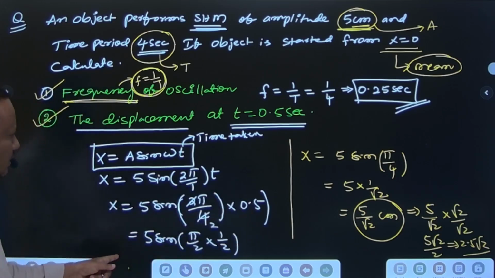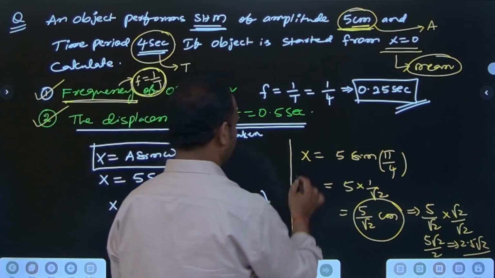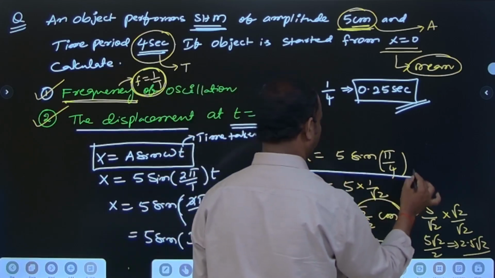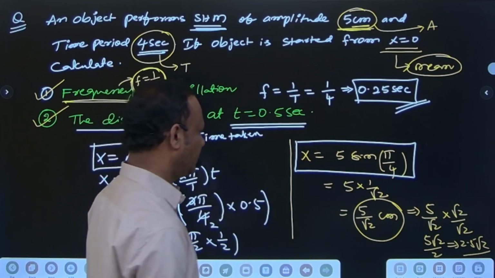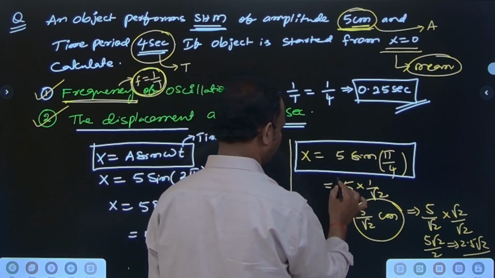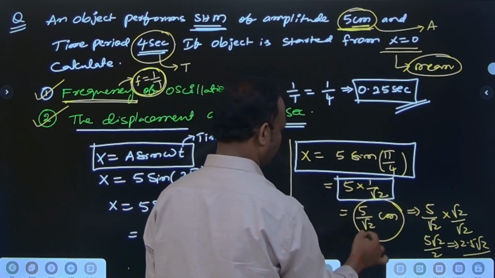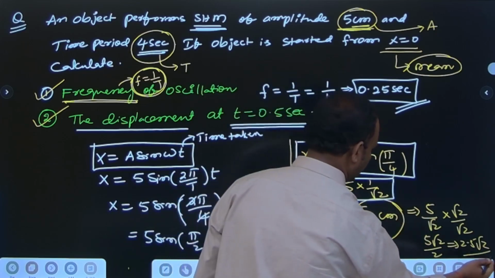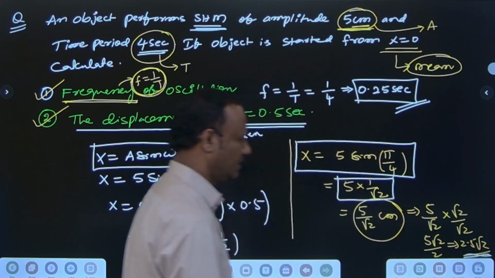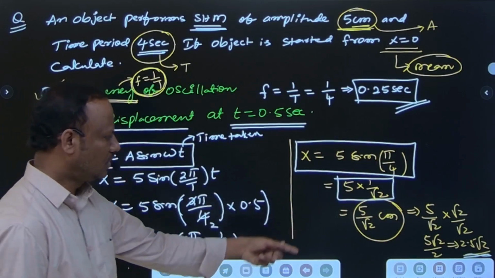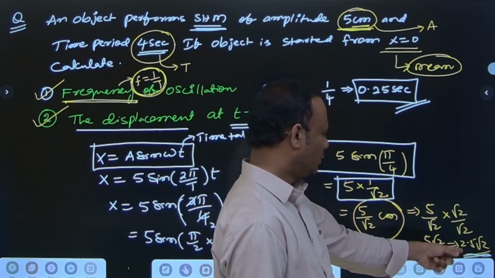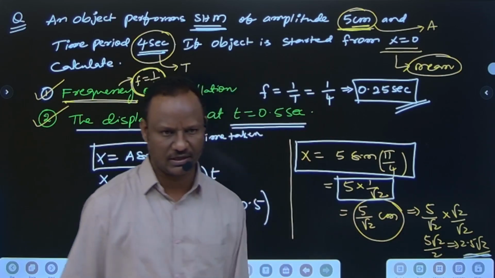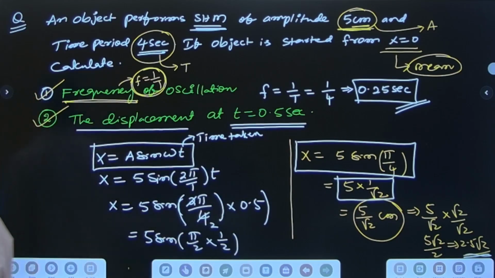After substitution, x equals 5 sine pi by 4. Sine pi by 4 means 45 degrees, whose value gives 5 by root 2. According to the given options, we can give it as 5 by root 2, or multiply and divide by root 2 to get 5 root 2 by 2, which is 2.5 root 2. It is in centimeters.